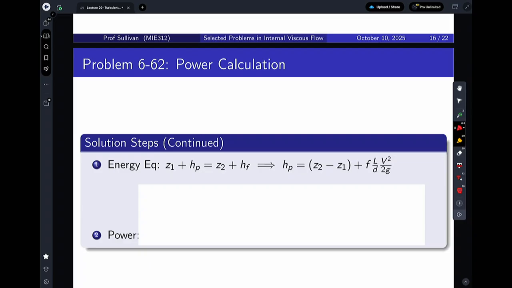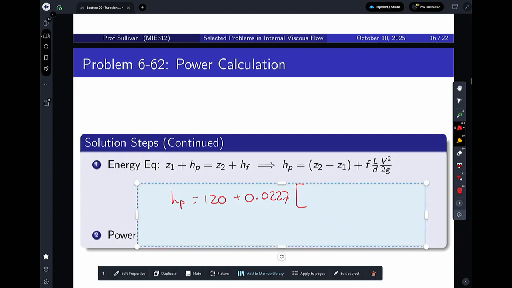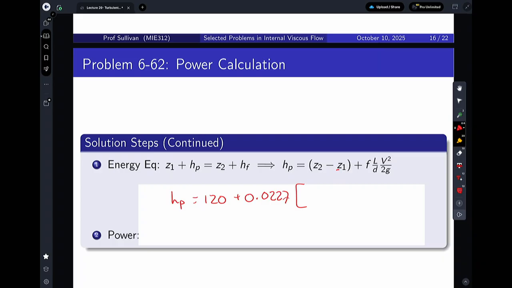So in terms of energy, you have the energy out, HP, which is equal to 120 plus 0.0227 times 2,000 over 0.5, times 15.3 squared over 232.2, which equals 450 feet.